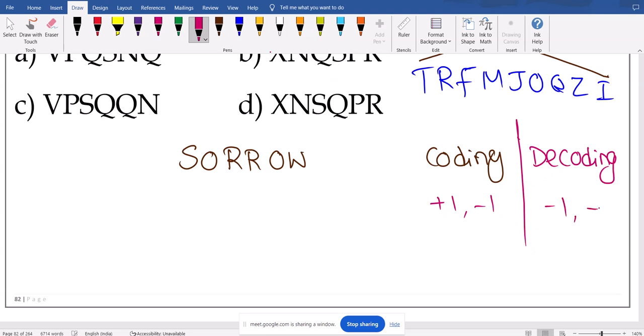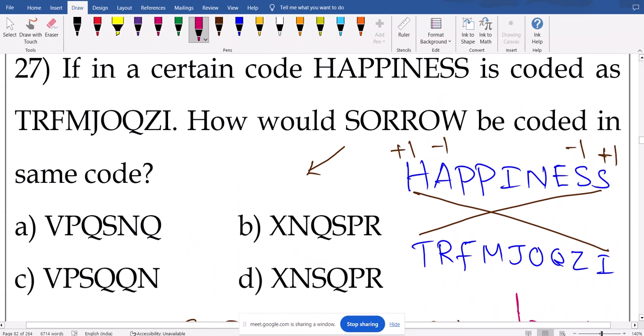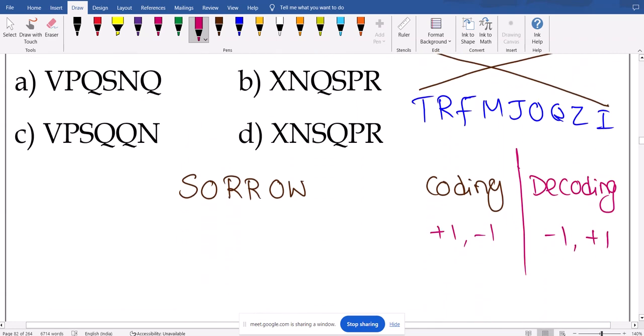Let us say I am sending a message to your friend, and my logic is plus 1 for every letter for security. I want to send the next letter. Instead of HI, I send H's next letter I and I's next letter J, as IJ. At the receiver side, to get the original message you take the previous letter. So coding is plus 1, and at the receiver side decoding is minus 1. Here, sorrow is already the coded one, which we need to decode, so it's a reverse case.